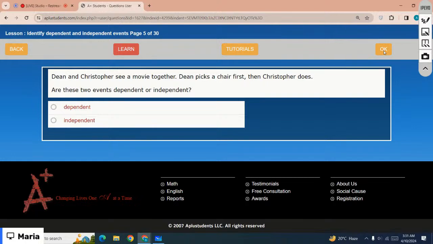Yes, they are dependent events, right? Dependent it is.